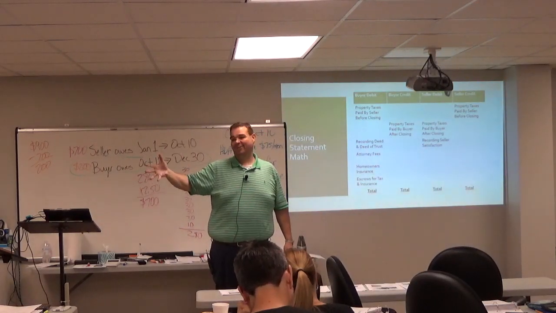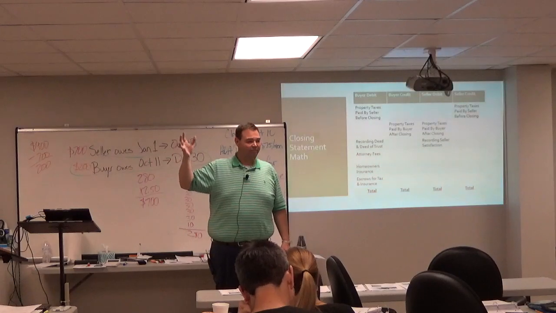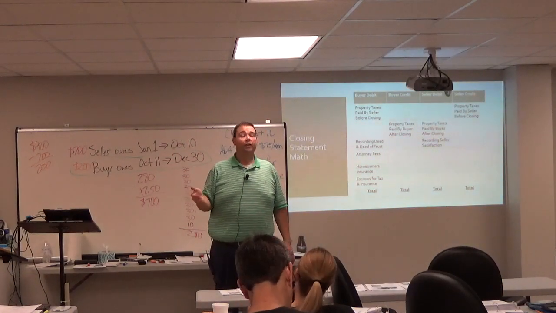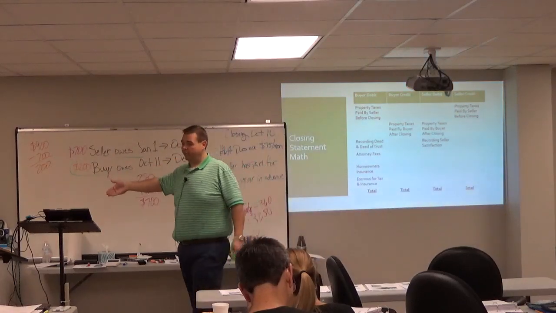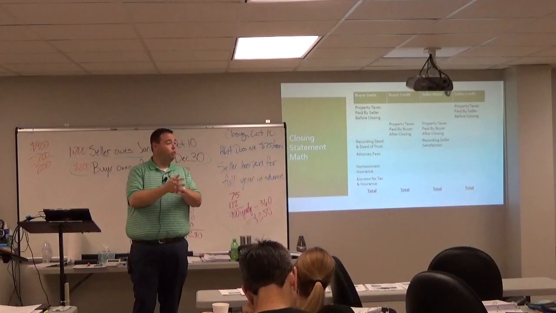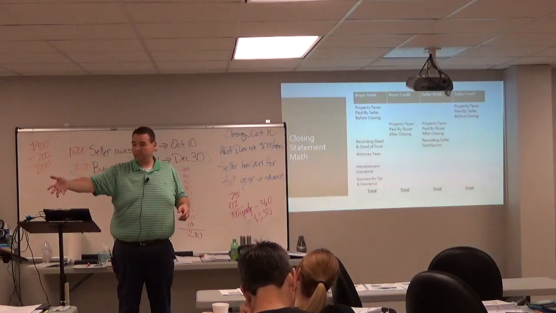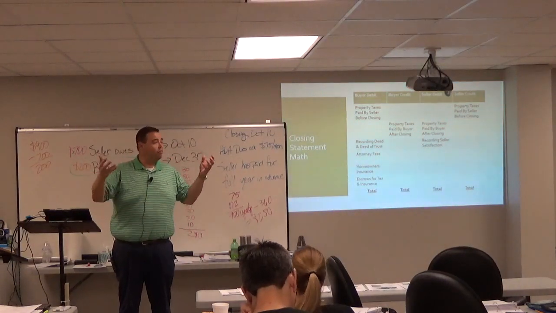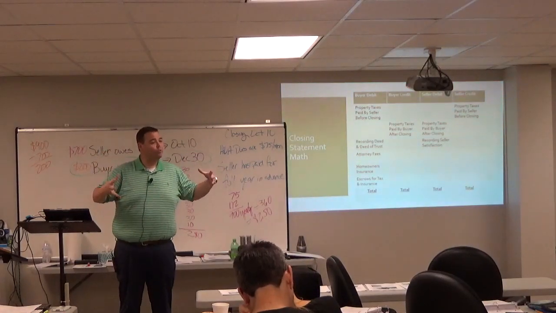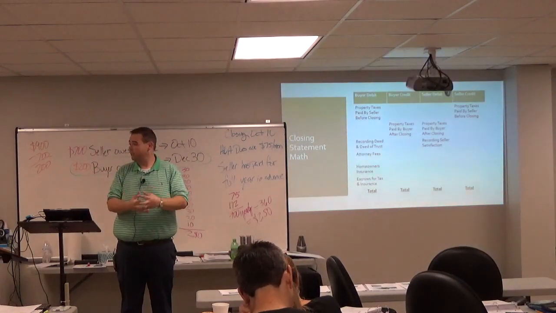Free and clear. Because we have not yet attached what to it? A lien. And so what's the next document going to be in that progression? The deed of trust, which attaches the lien to the property. So now the closing attorney can walk out and the buyer owns the property with the new lien attached to it.